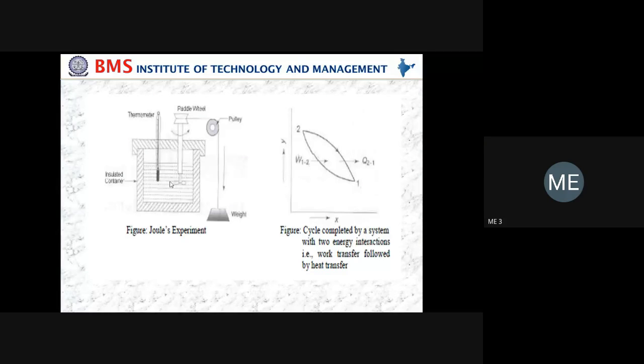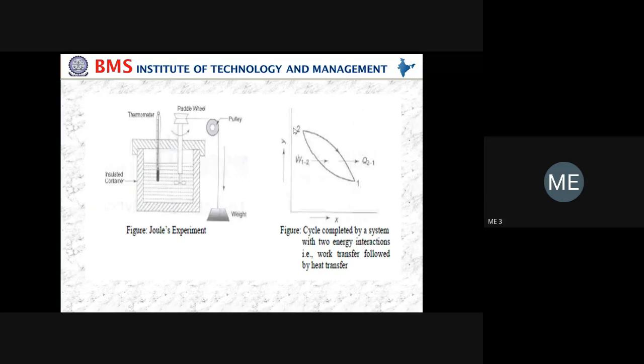After some time they attain a common equilibrium condition, represented by properties 2 to 1. So it interacts with the surroundings and reaches the initial state.